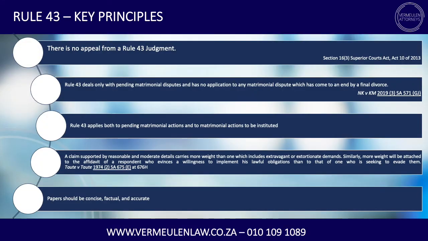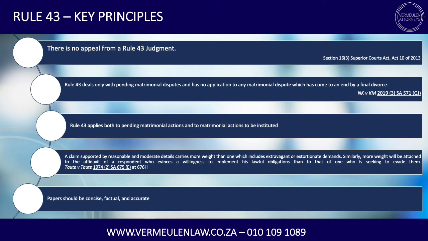And finally, this also goes into one of the questions which we will be dealing with in the second portion, which will start imminently. Papers should be concise, factual, and accurate.